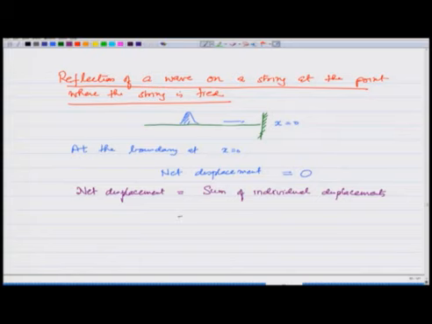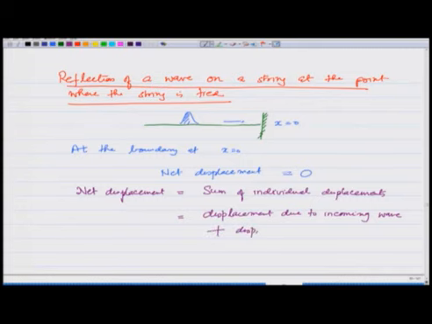In particular here, this is going to be the displacement due to the incoming wave plus the displacement due to the reflected wave, and I know the left hand side is 0.